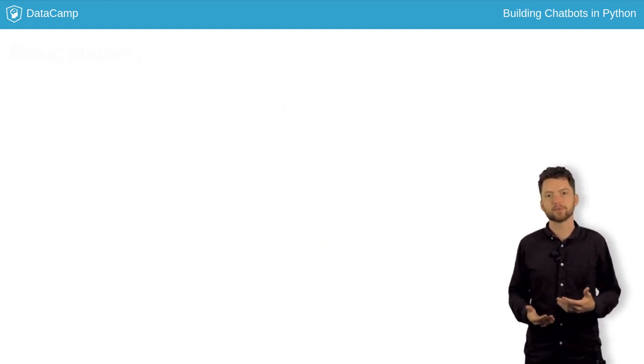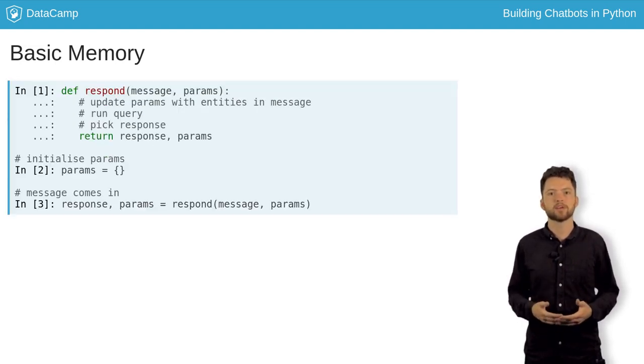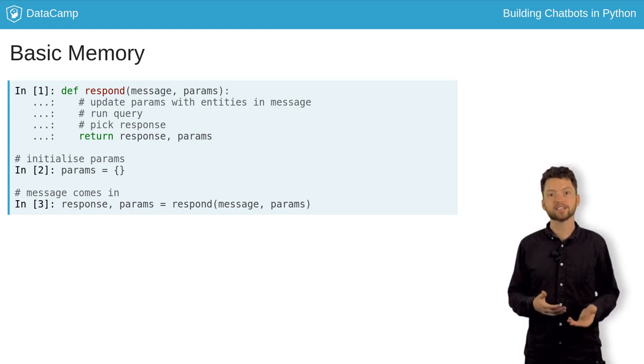To add a basic version of this memory, we can save parameters in a dictionary, so long as it's defined in the right scope. The params variable should be outside the scope of the respond function and passed to it each time a message comes in. We modify the respond function to return both the response message and an updated parameter dictionary.